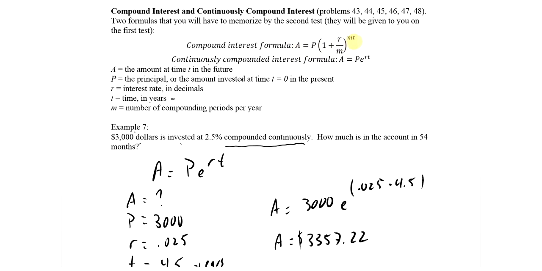That means I have to figure out what this t is. So one question we want to talk about, and that'll be on the second test, is how do you get the x variable down out of the exponent? That'll be logarithms.